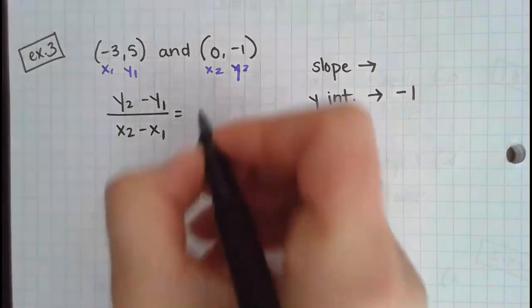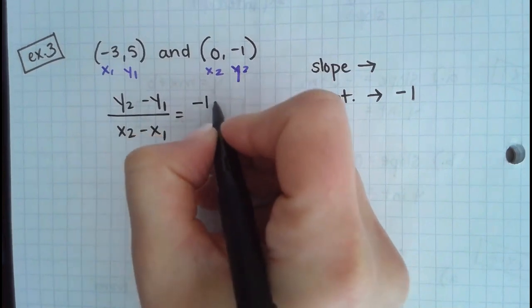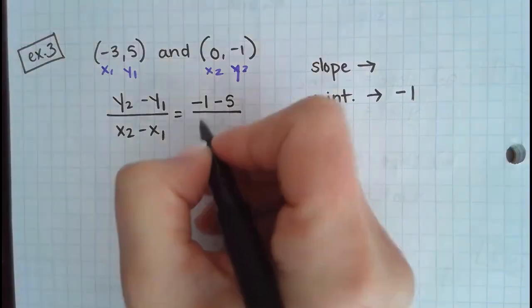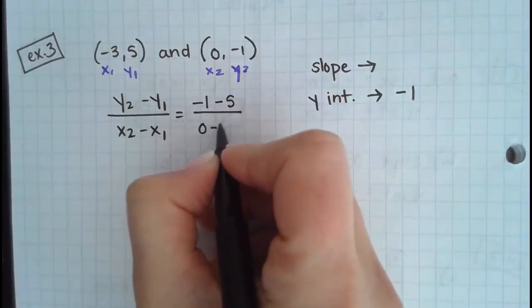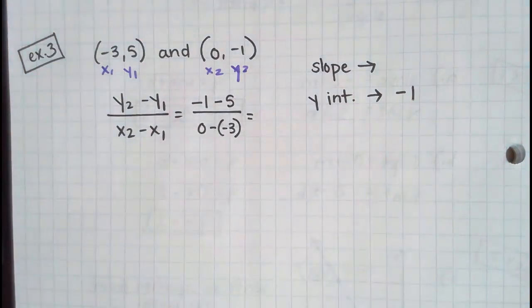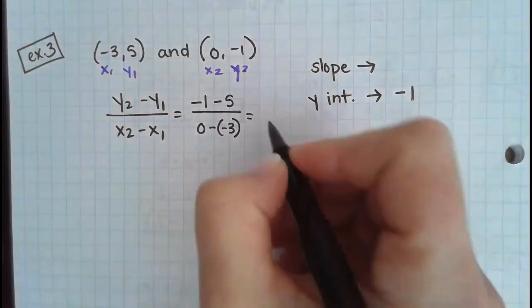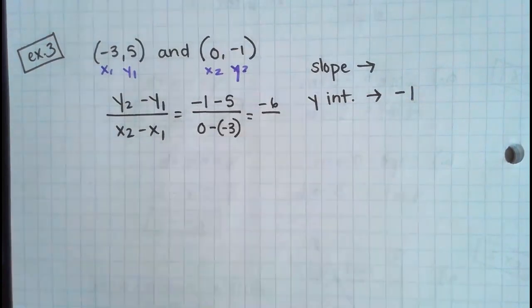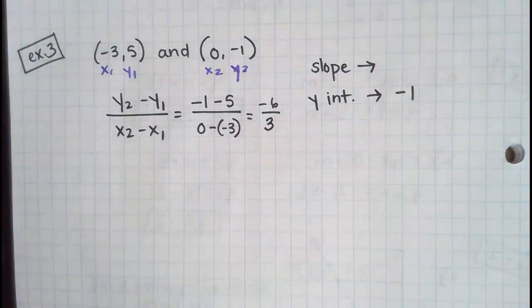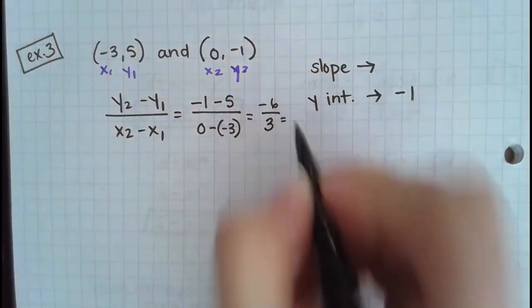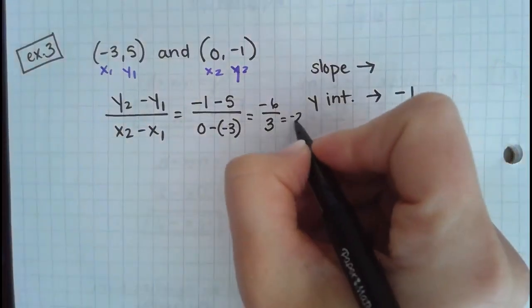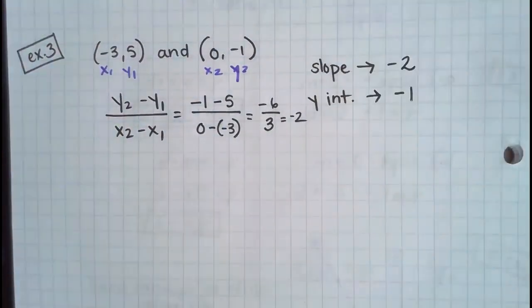All right, my y2 is negative 1 minus y1, which is 5, over x2, 0, minus x1, minus a negative 3. When I simplify, I get negative 1 minus 5 is negative 6. 0 minus negative 3 is really 0 plus 3. Positive 3. When I simplify this further, negative 6 divided by 3 is, Emma? Negative 2. My slope, then, is negative 2.